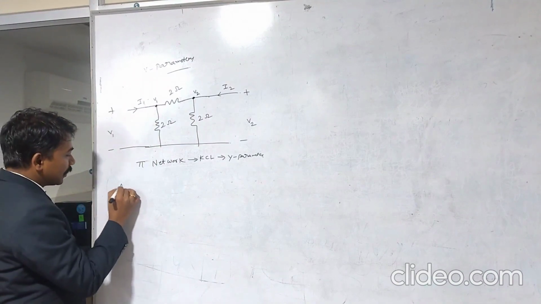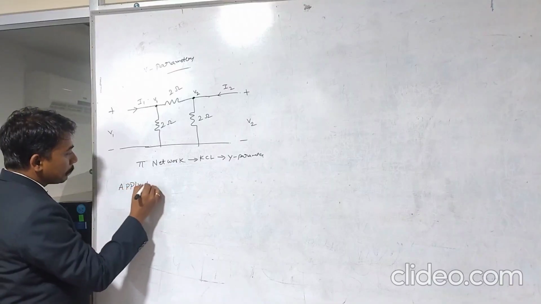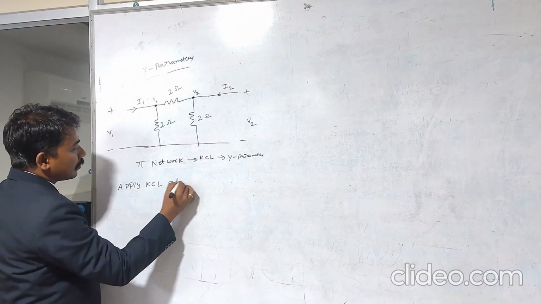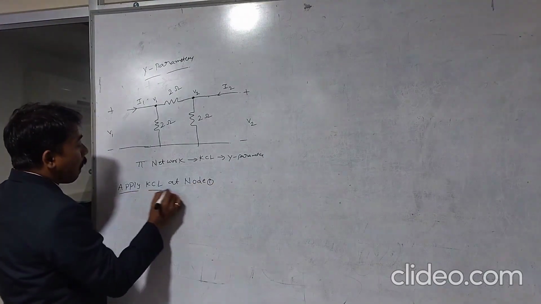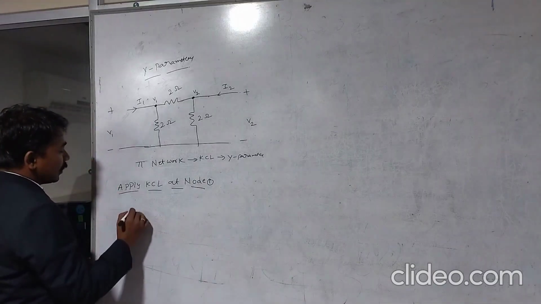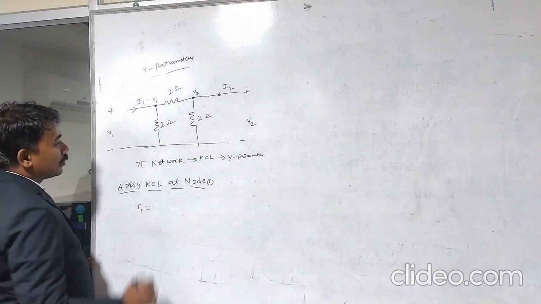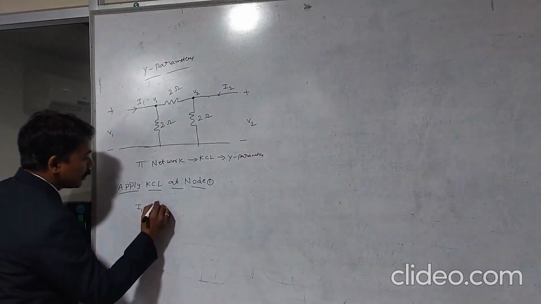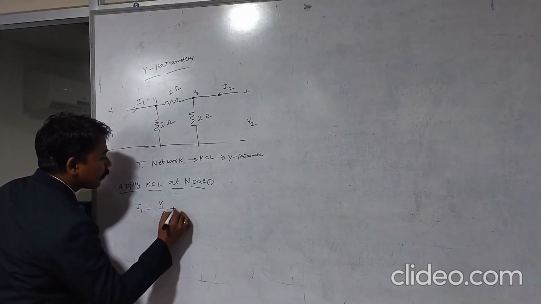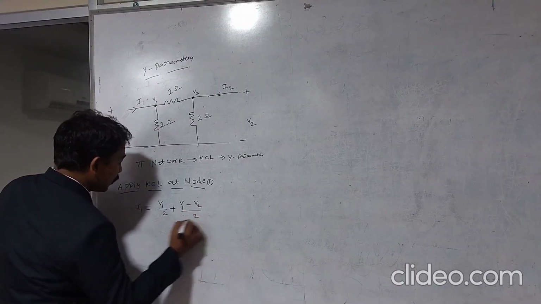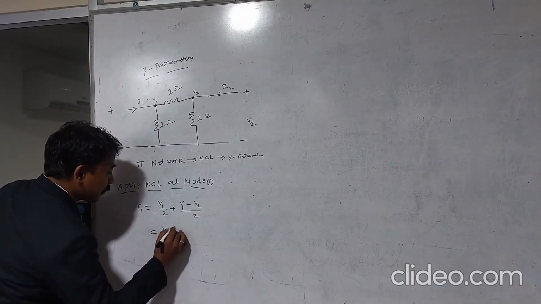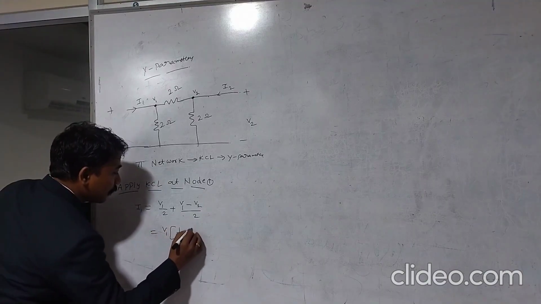So apply KCL at node 1. The sum of entering current equals the sum of leaving currents from the node: V1 divided by 2, plus (V1 minus V2) divided by 2. So organize this: 1 over 2 and 1 over 2.